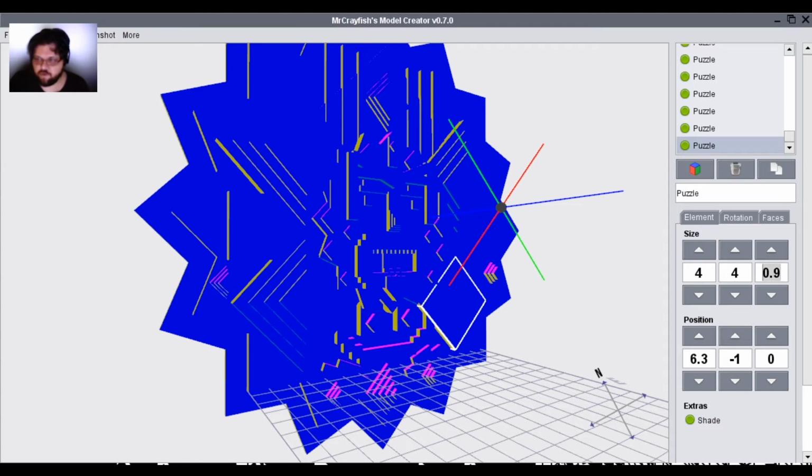4, 4, 1. 3, 3.1. 7, 0, 2, 2.2, 0.5, 0.5.